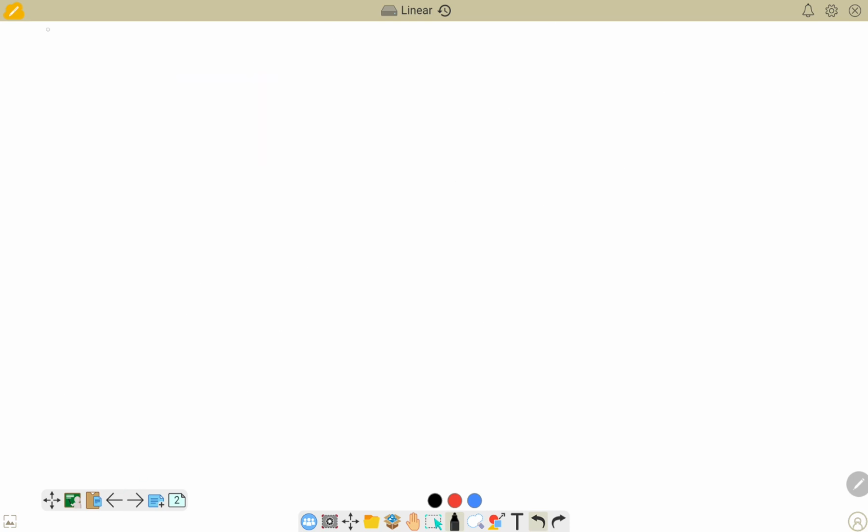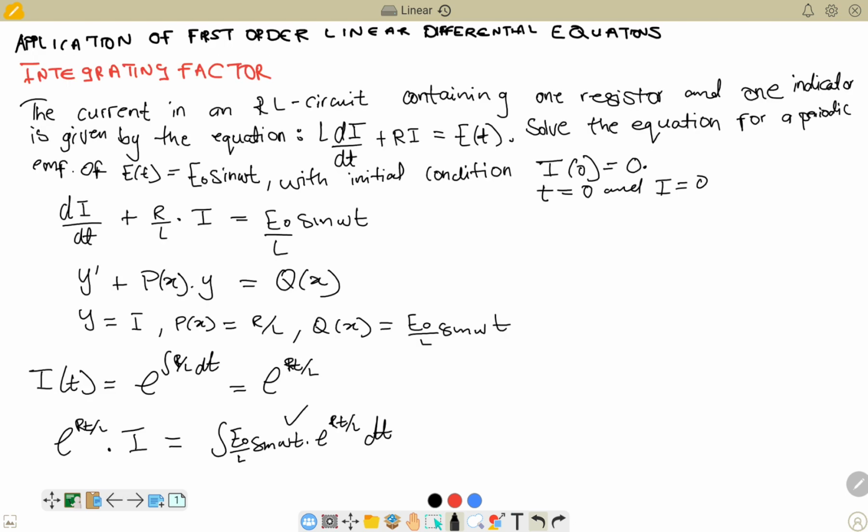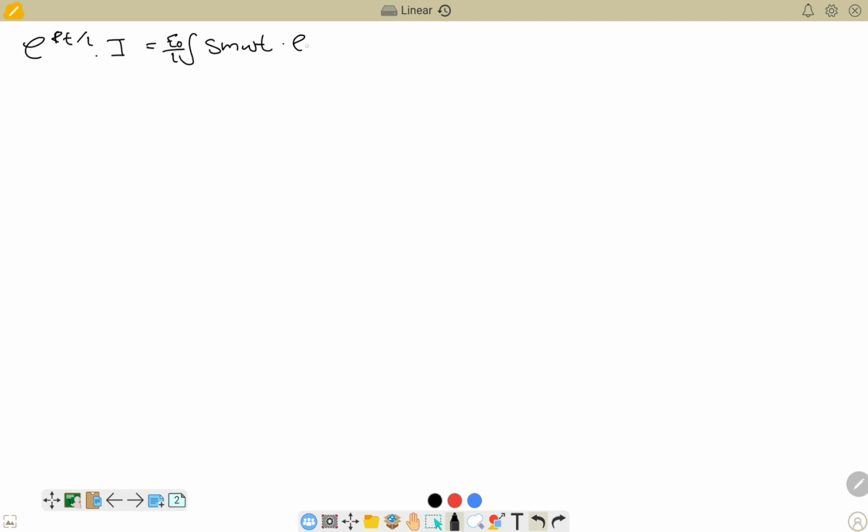Let me write on a new page. So we have e to the power Rt over L times I equals the integral of, we can also take E naught over L outside the integral. Then we'll be left with sine Wt e to the power Rt over L dt.